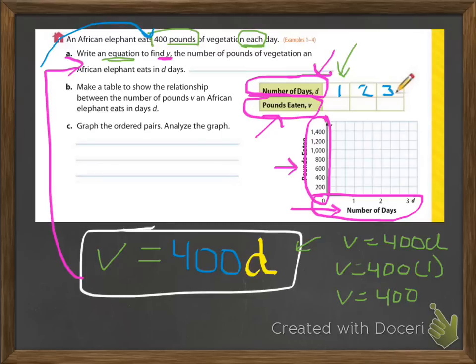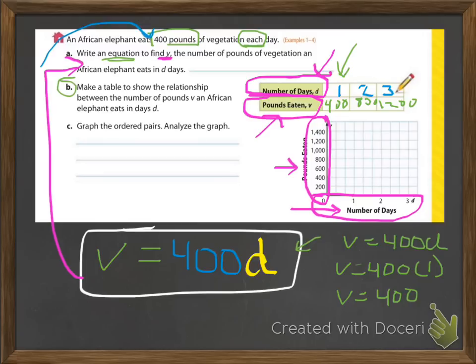When we're talking about 1 day, we're talking about 400 pounds. Then we'll do that so on. It'll be 400 here, 800 here, and 1200 here. We have to show the substitute and solve for each of those. That would take care of making the table.